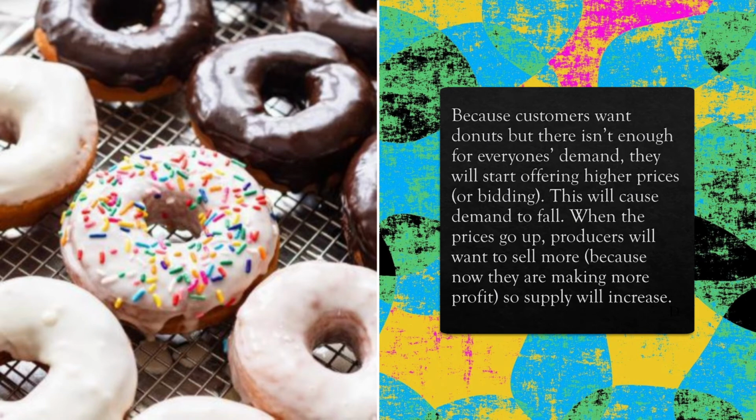But when the price goes up, producers will want to sell more because they are making more profit. So supply would increase. Because consumers would bid up the price to get rid of some of the competition between consumers, producers would then supply more because they're making more money.